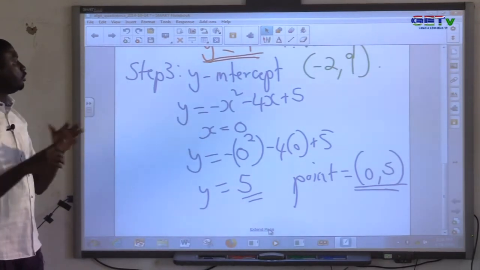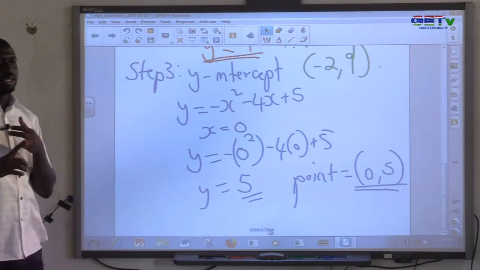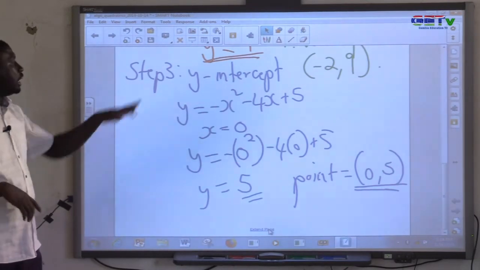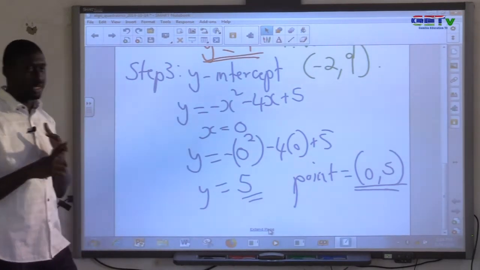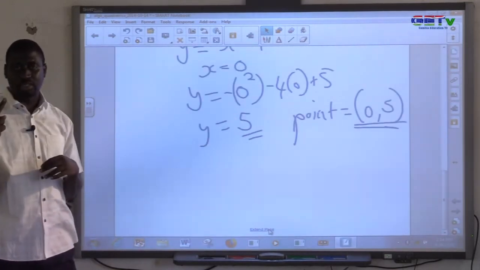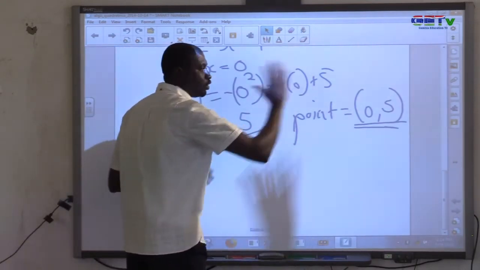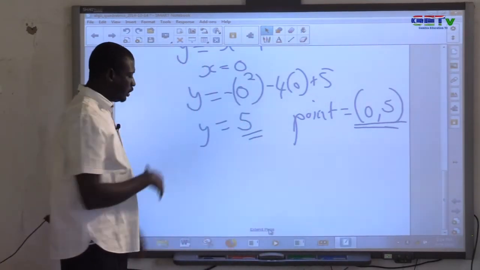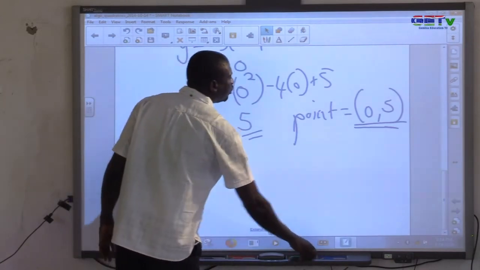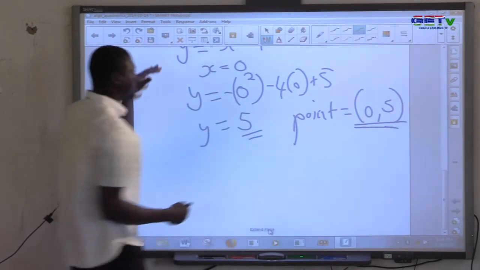We are able to solve for the line of symmetry, the vertex, and that of the y-intercept. These 3 points, if you get them, then you solve for another 2 points. From there, we will draw the curve and represent the graph. The other 2 points: we have when x is 0, this point.